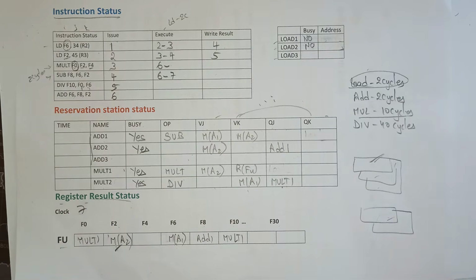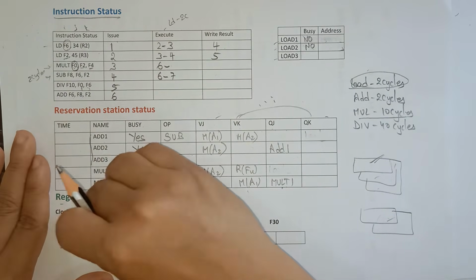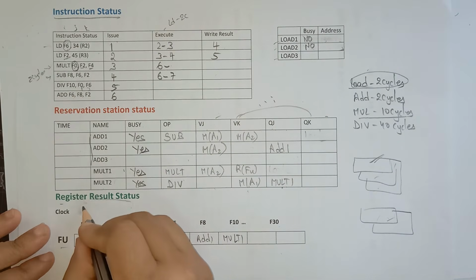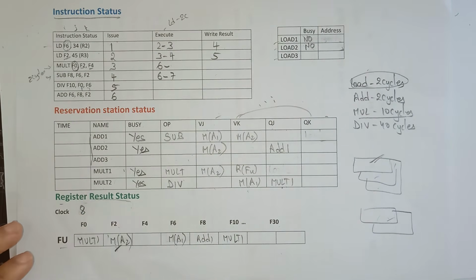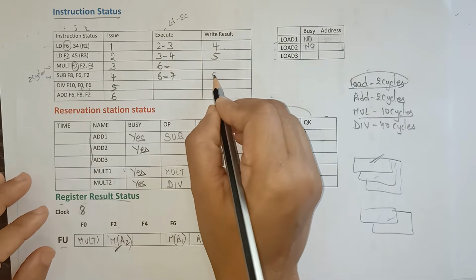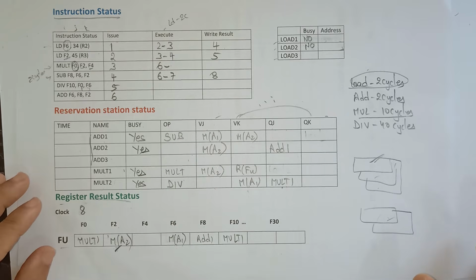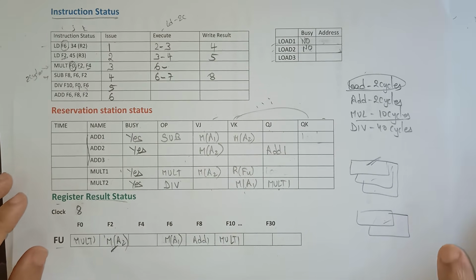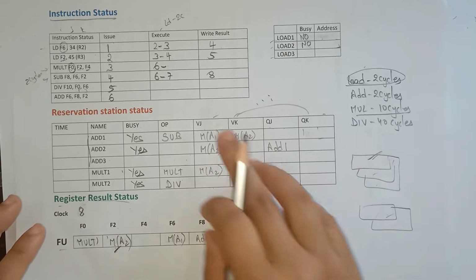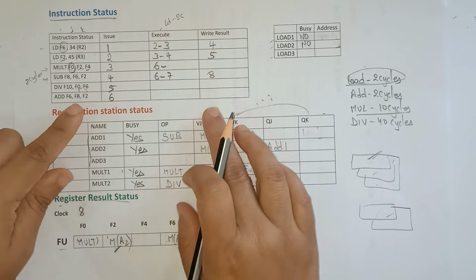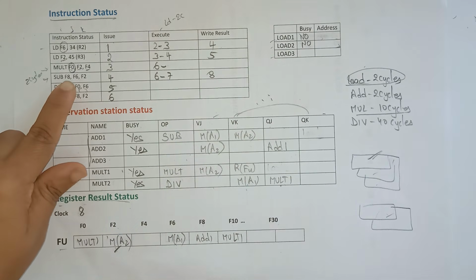Now coming to the 8th clock cycle. In the 8th clock cycle, subtraction completes its execution. Whenever it completes its execution, it gets the F8 value. What is the F8 value?